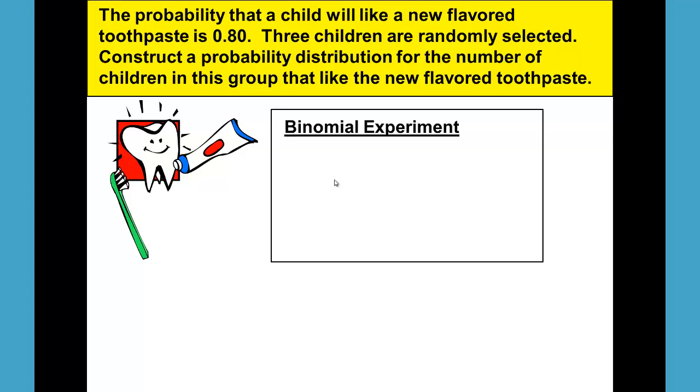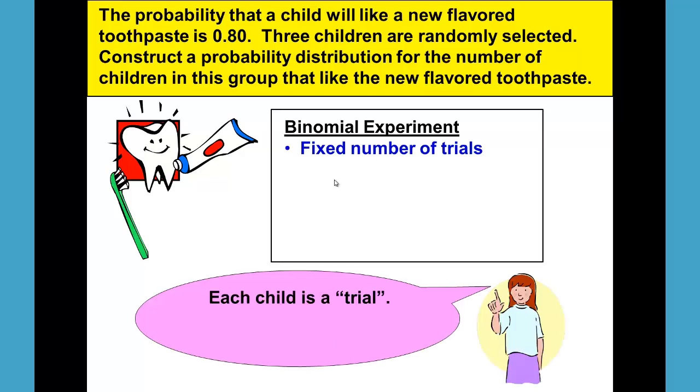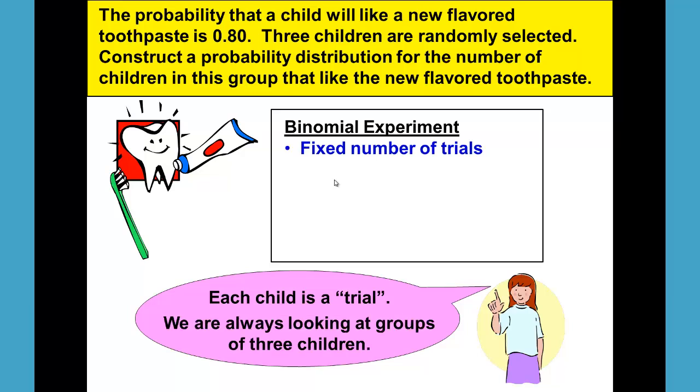To be a binomial distribution, it must have a fixed number of trials. Each child is a trial, and we're always looking at groups of 3 children. So we have a fixed number of trials.